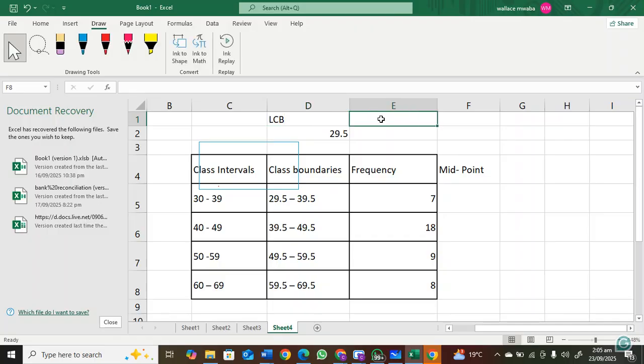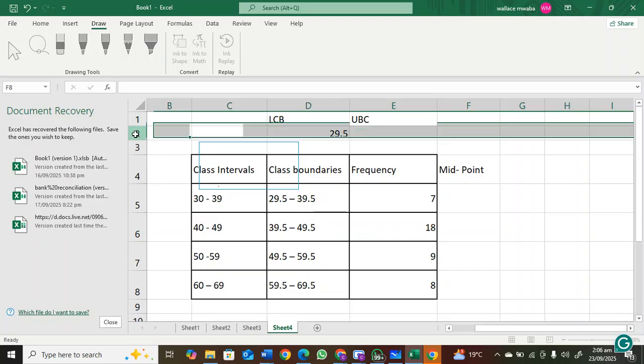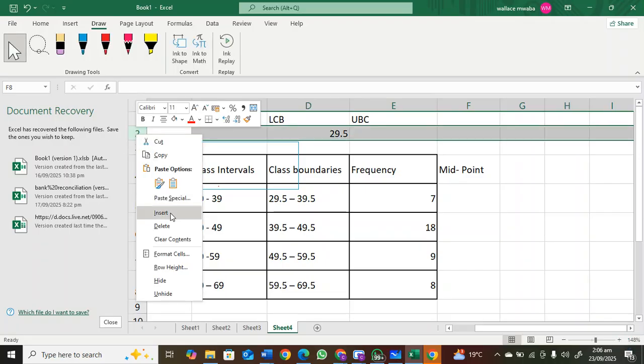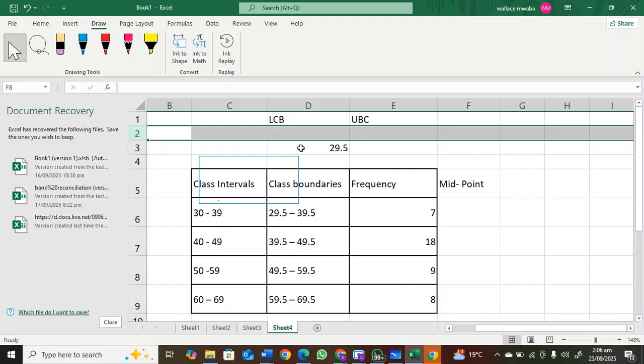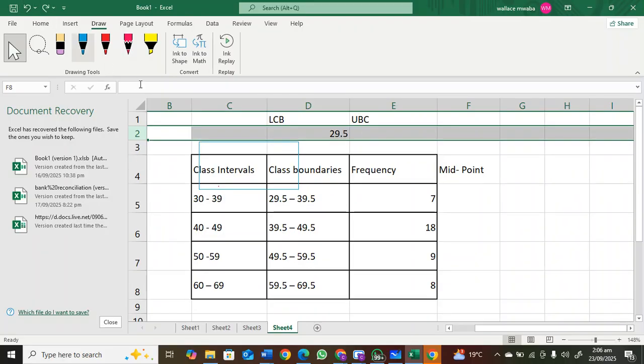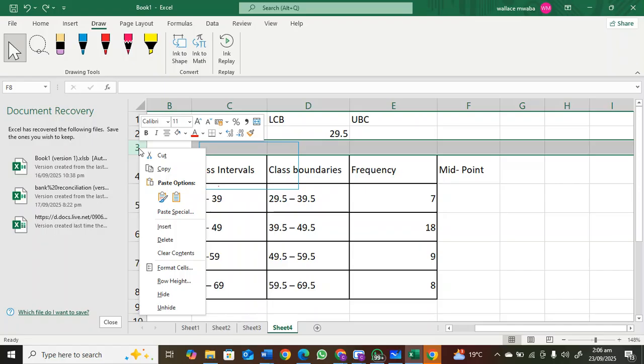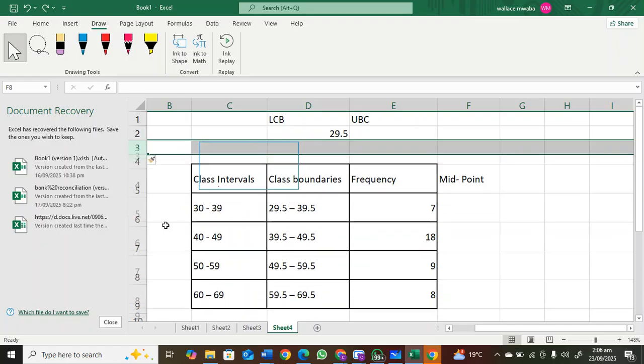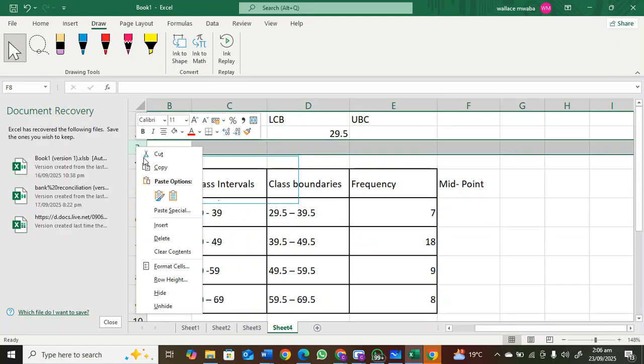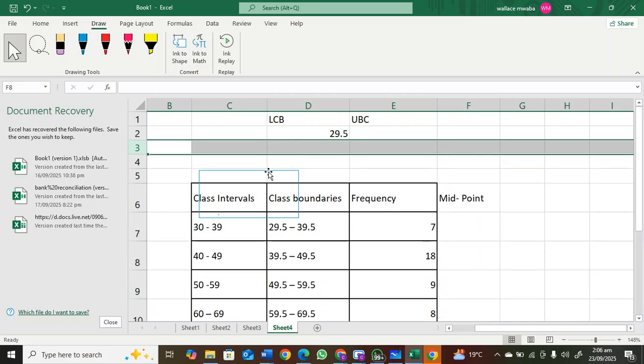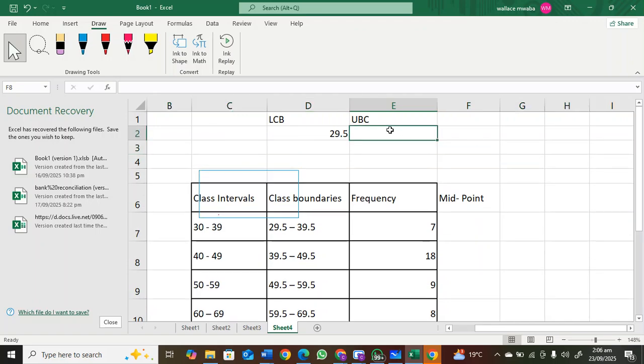There's a lower class boundary, upper class boundary, UCB. Okay, our upper class boundary 39.5.